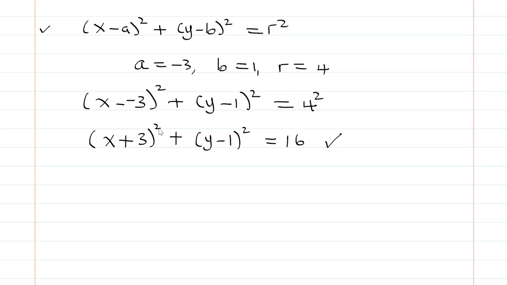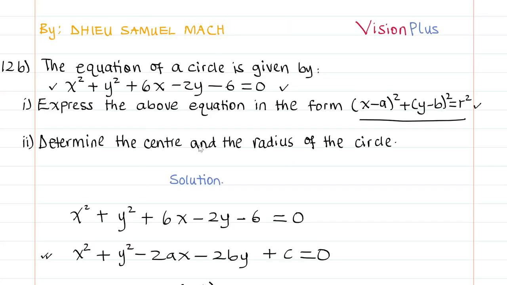Please do not leave the squares here. X plus 3, square both of them in one bracket, and the same applies to y minus 1 in one bracket square equals to, then you get the value of r, square it, and it gives you 16. So this is the solution to number 12b, Roman 1.